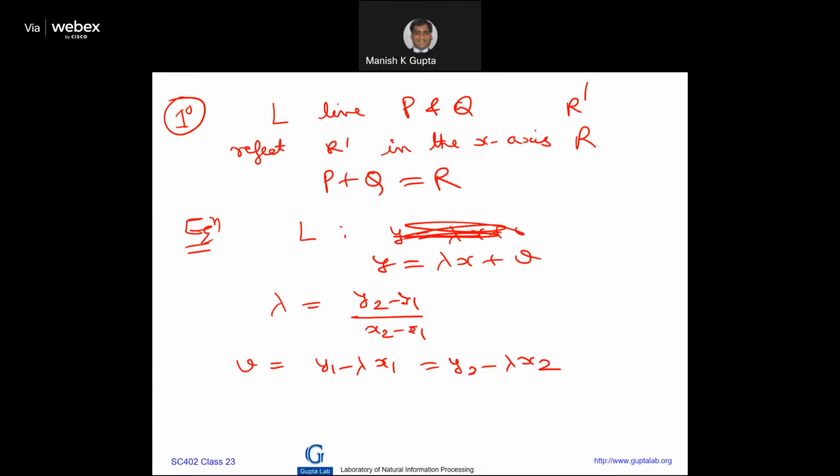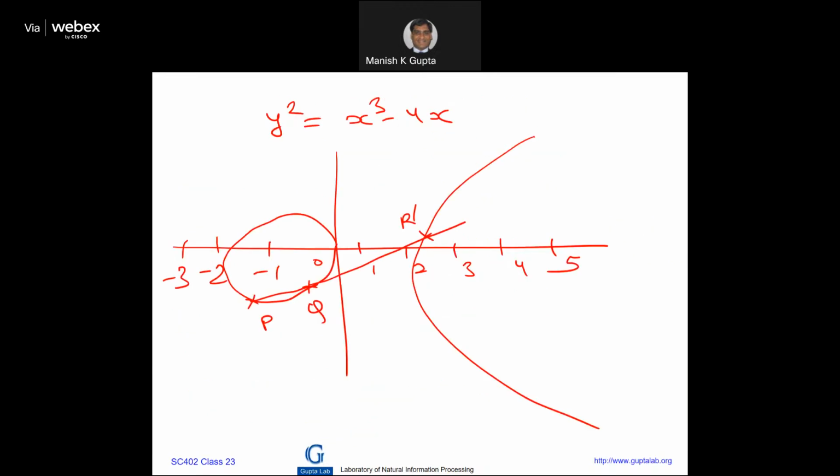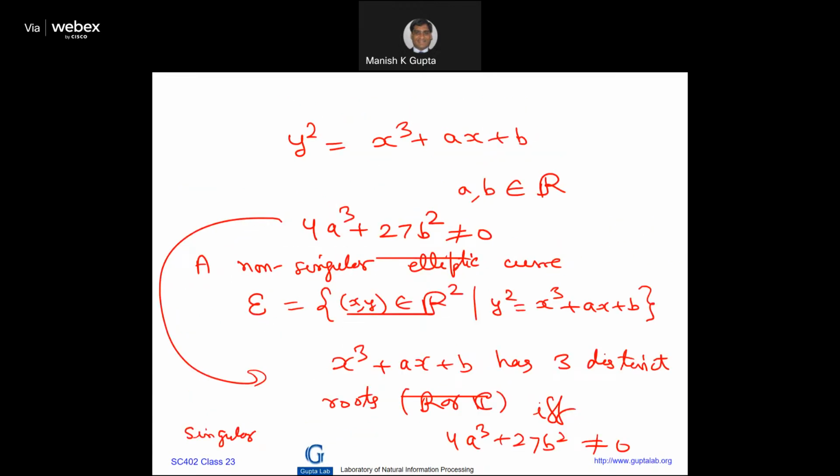Now I need to find the points in E intersection L, right? How do we find that point? I'm going to substitute the value of y. We know that the equation of the curve is y square is equal to x cube plus ax plus b. So I can substitute the value of y here and see what happens.